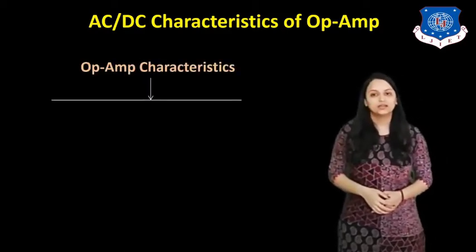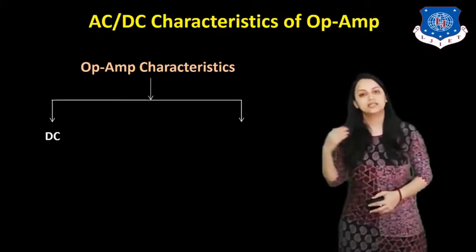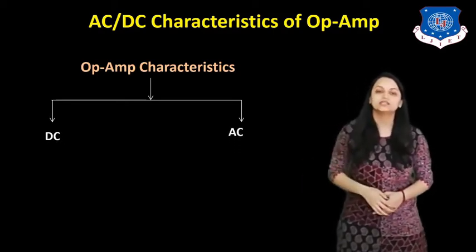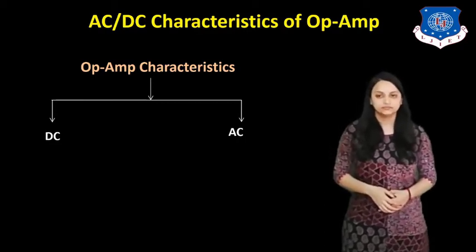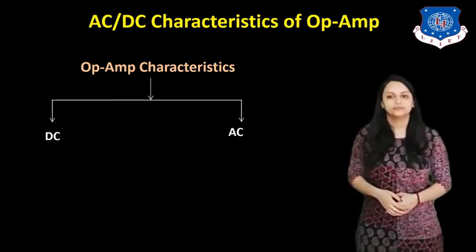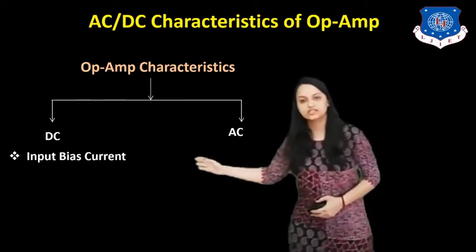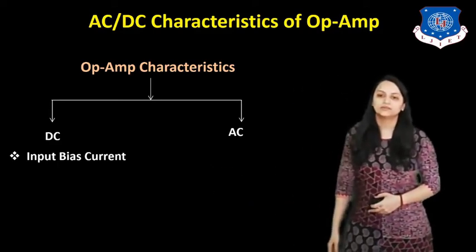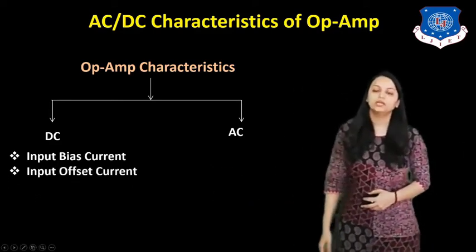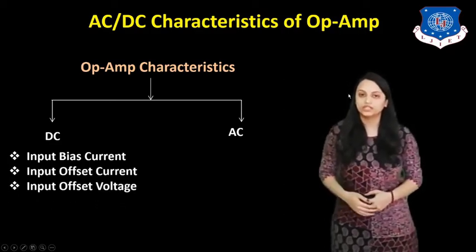Op-amp characteristics are classified into two broad categories. The first one is DC characteristics and the second one is AC characteristics. In DC characteristics, we will see first input bias current, then input offset current, then input offset voltage.